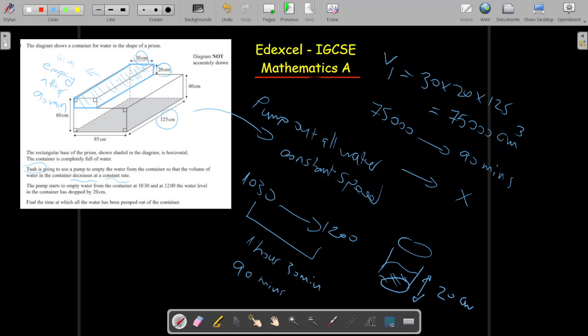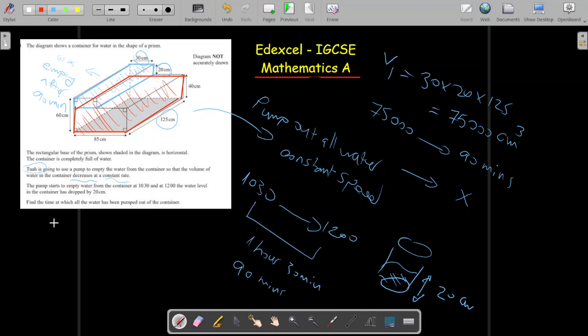As you can see, it's this. This is another cuboid, the one below the first, upper part. So I need to know what this volume is.